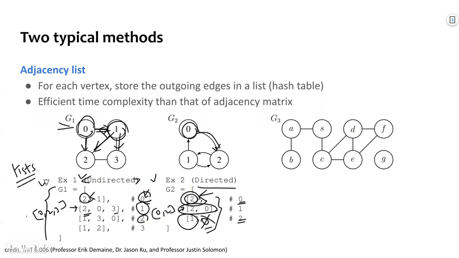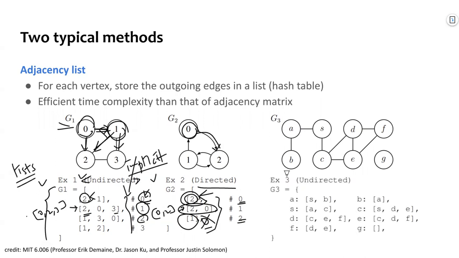However, this ordering is important, and the ordering implicitly represents the nodes. And we want to make this one explicit using dictionaries.